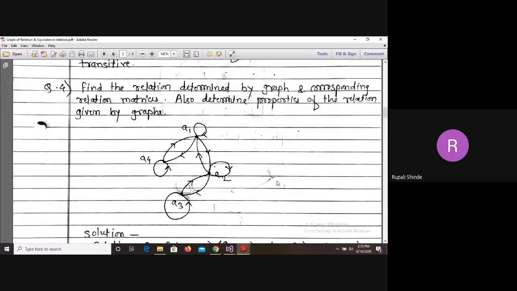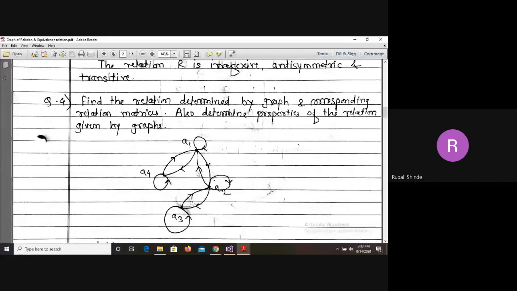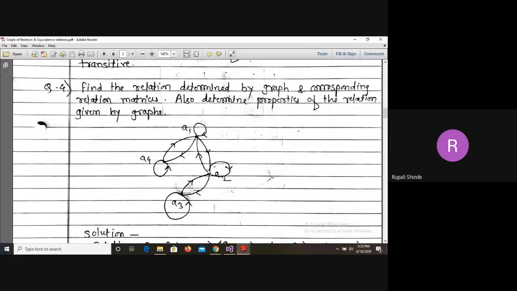So here a graph is given, and from this graph we first have to determine the relation, then the properties satisfied by it, and the matrix of the relation. First we will find the relation defined by this graph. Can anybody help me with how we can define the relation?